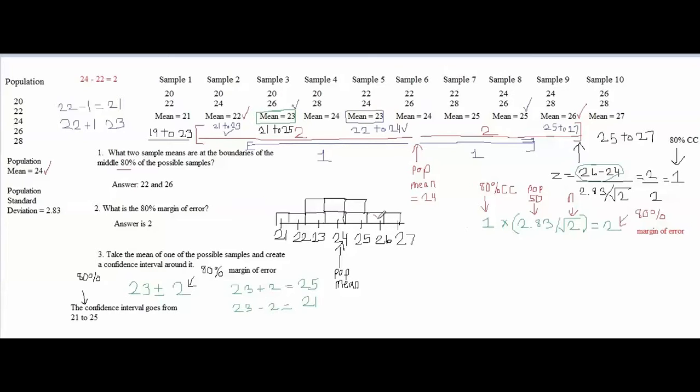This sample is at the upper boundary of the 80%. This sample is at the lower boundary of the 80%. The distance from the population mean to these two samples is the 80% margin of error, which is 2.